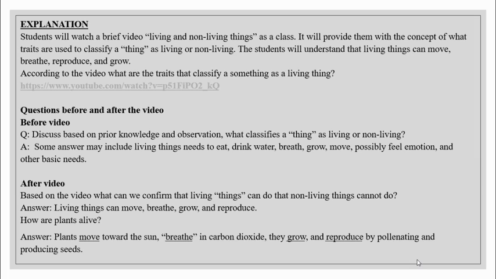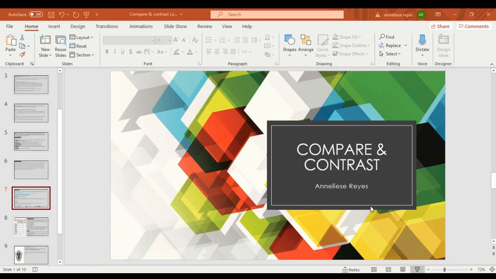The students will understand that living things can move, breathe, reproduce, and grow. So according to this video, what are the traits that classify something as a living thing? Please take note as we do watch this brief video. Just bear with me really quickly, please. Alrighty, here we go.